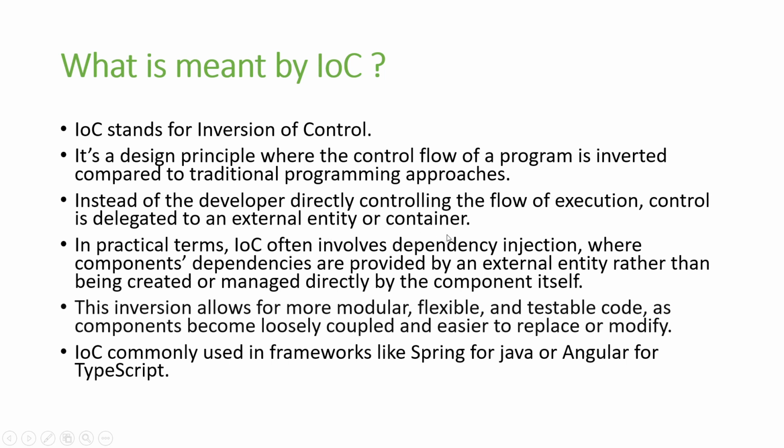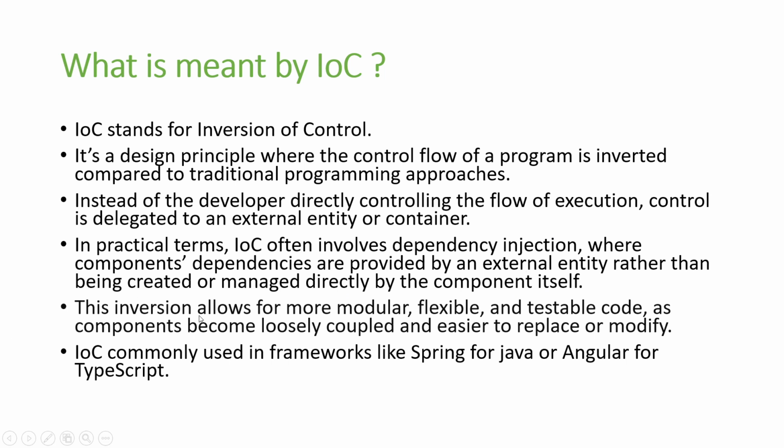In practical terms, IoC often involves dependency injection. Without dependency injection, we can't imagine IoC, right? IoC needs dependency injection, where a component's dependencies are provided by an external entity rather than being created or managed directly by the component itself.